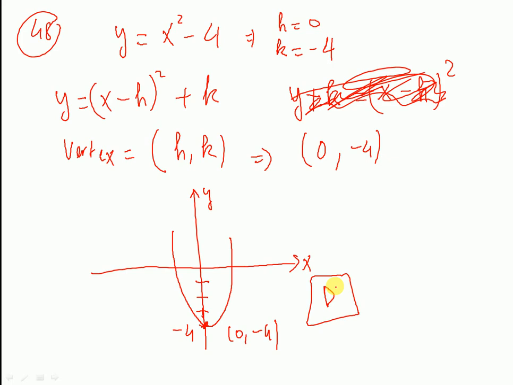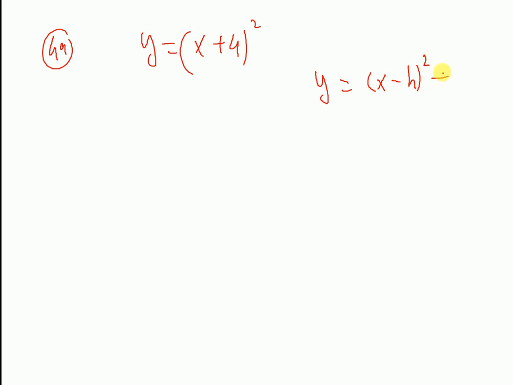Okay, let's do the same thing to the last question, and this should make more sense. y equal x plus 4 squared. Again, the standard equation is what? y equal x minus h squared plus k, and the vertex is h, k, right?